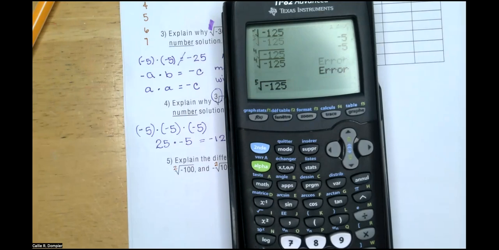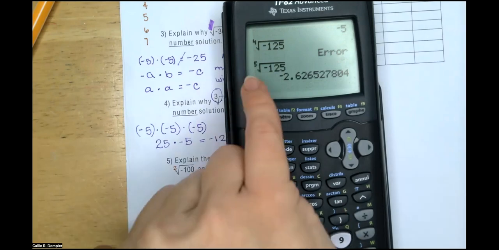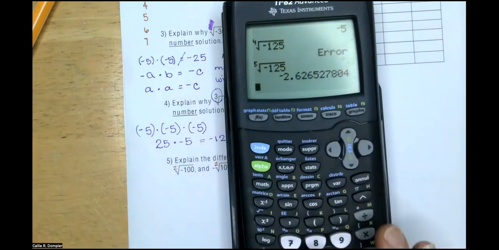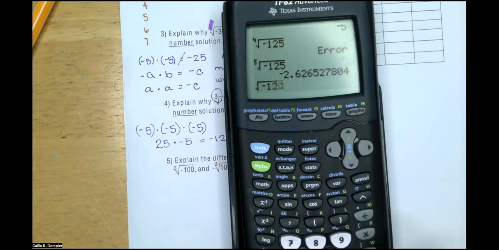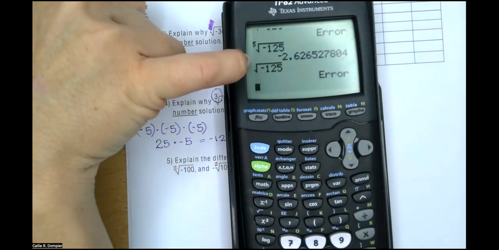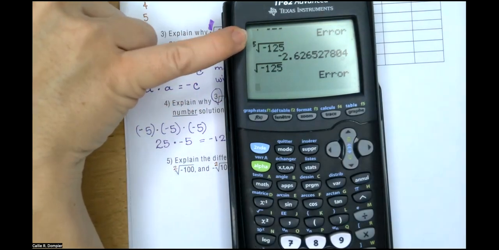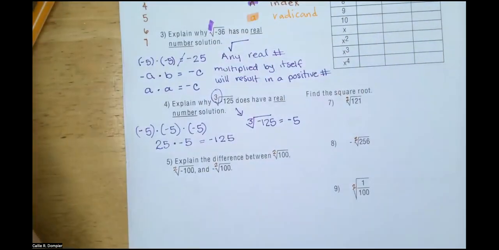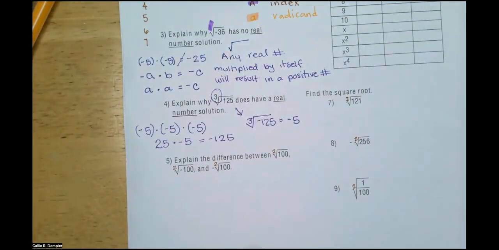It's going to be a number because it's an odd index. If we just do the square root of negative 125, we're going to get an error because that's an even index. So if the index is even, it's going to be an error for a negative number. If the index is odd, it's going to give you a real number solution.